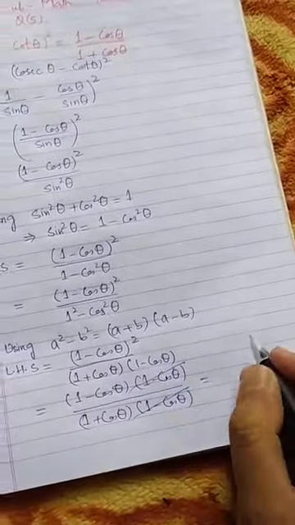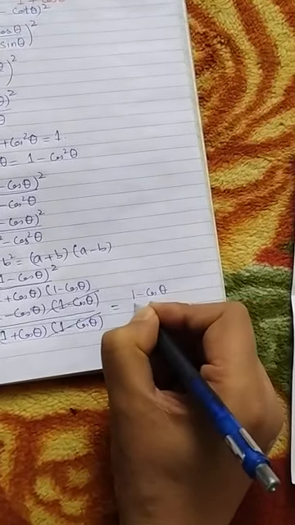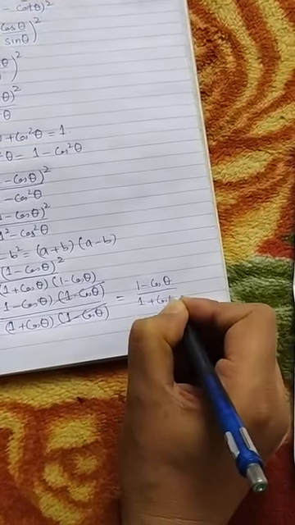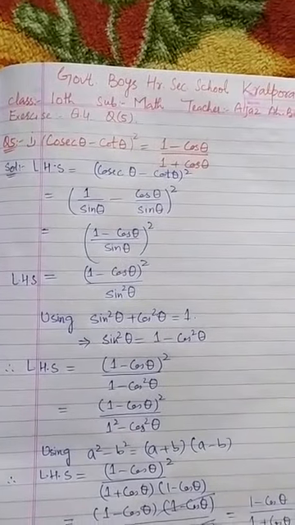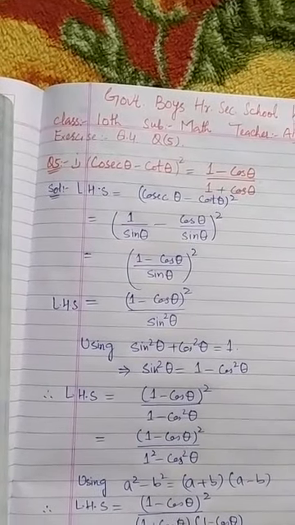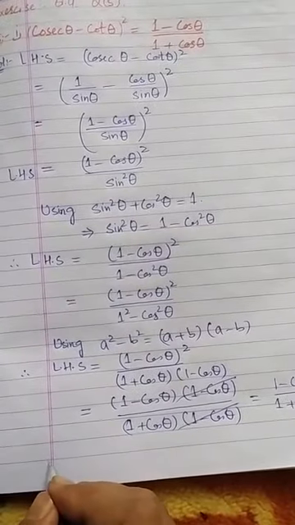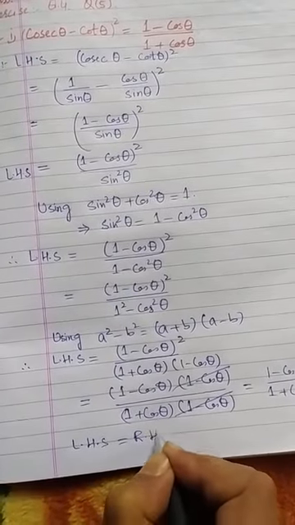So the expression becomes 1 minus cos theta divided by 1 plus cos theta. When we go to the question, there it is the RHS. So we can say LHS is equal to RHS.